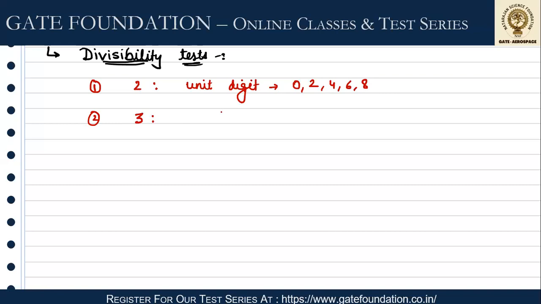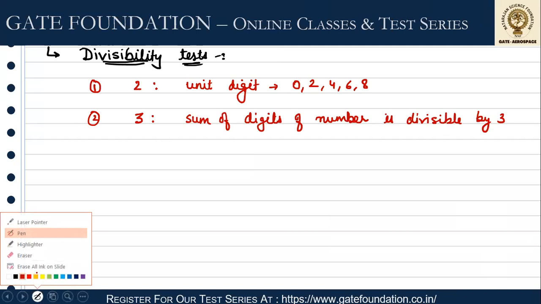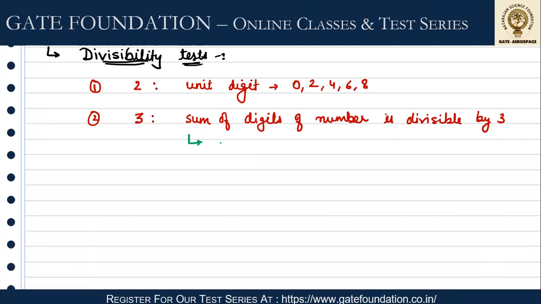For 3, we have been using this divisibility test since a long time, the sum of digits. If the sum of digits of a number is divisible by 3, then the number itself is divisible by 3. Let's take a simple example: 32496547.